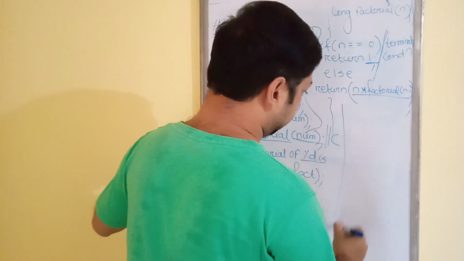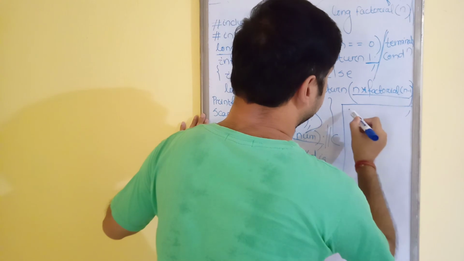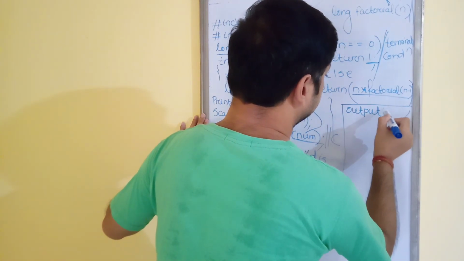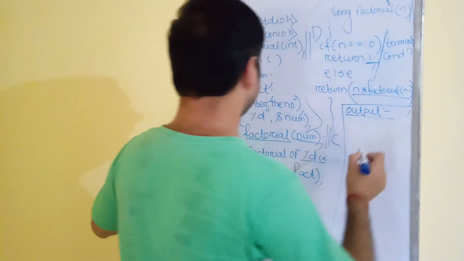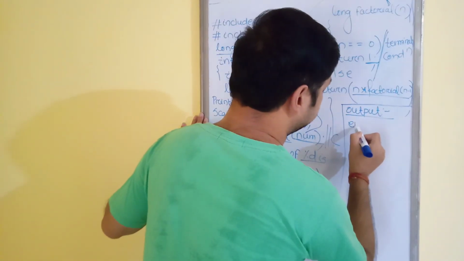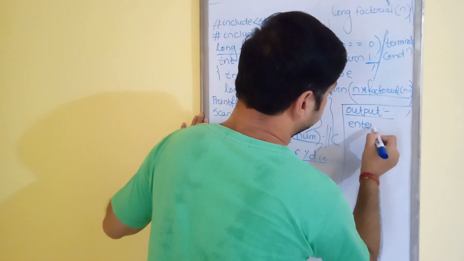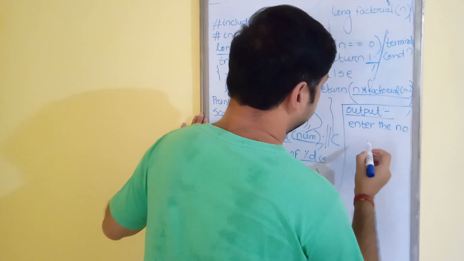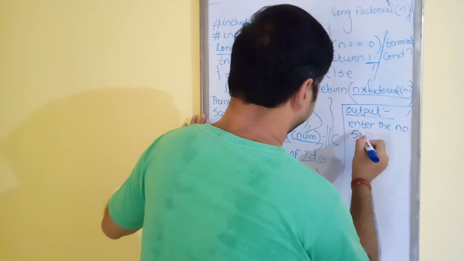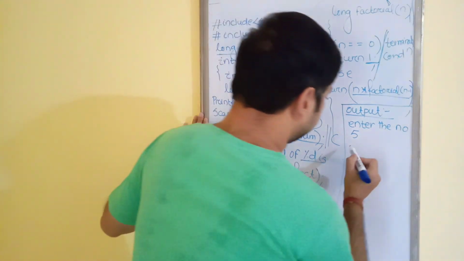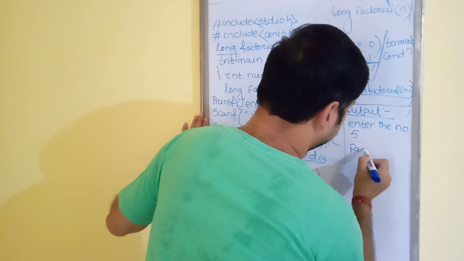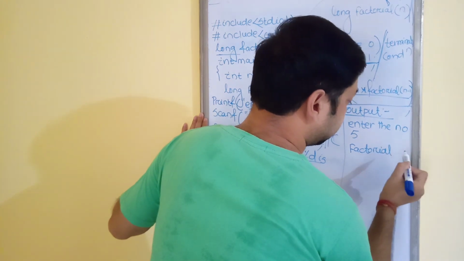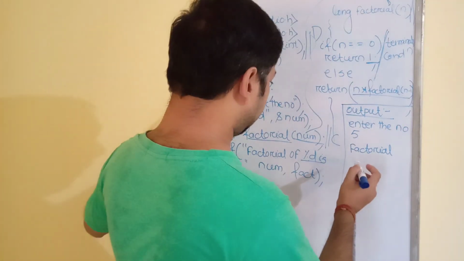So what will be displayed on the output screen? In the output screen, it will display: Enter the number. When you enter 5, it will show the output.